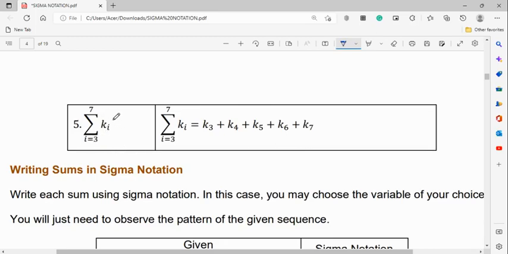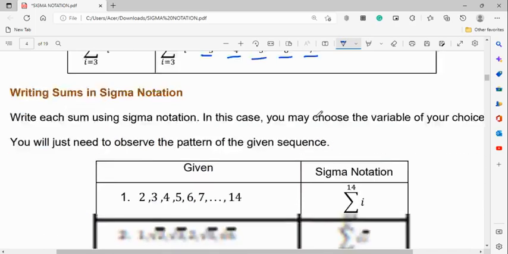And obviously here, class, there's no value for k as given. Meaning to say, you can only expand. You cannot get the value. There is no k here. K has no value. And I starts from 3 to 7. So you can just expand: k sub 3, k sub 4, plus k sub 5, k sub 6, k sub 7.